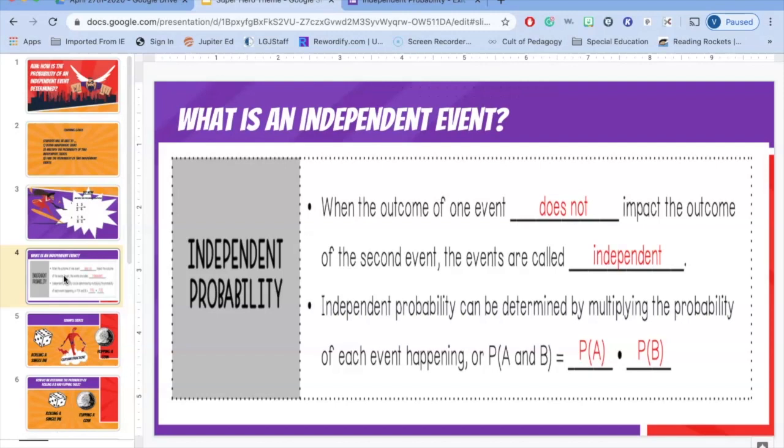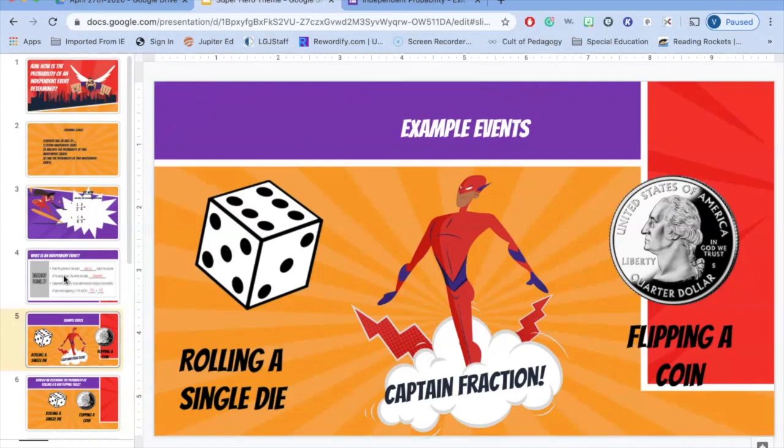So let's look at that. These are two independent events. Rolling a die, that is one independent event. Now, flipping a coin, that is also an independent event.